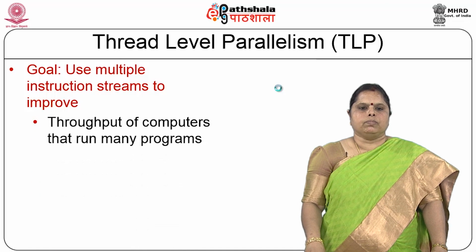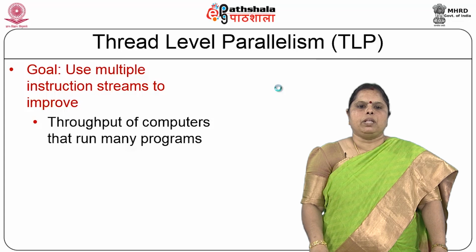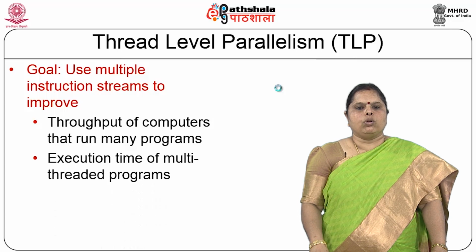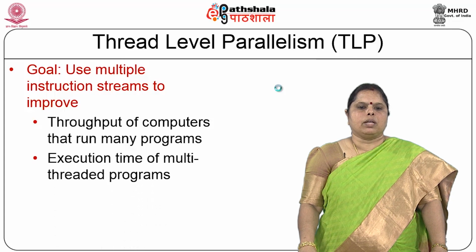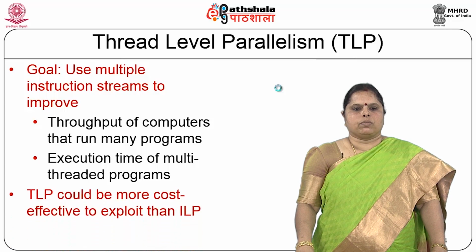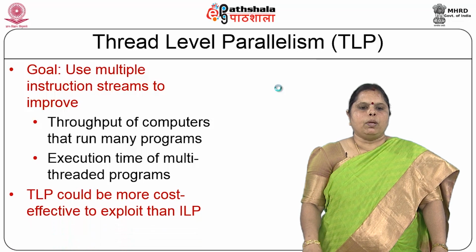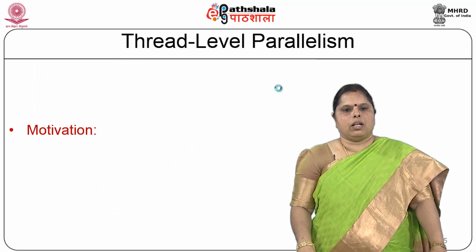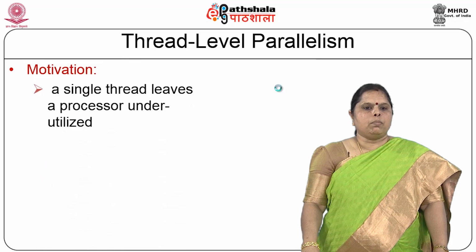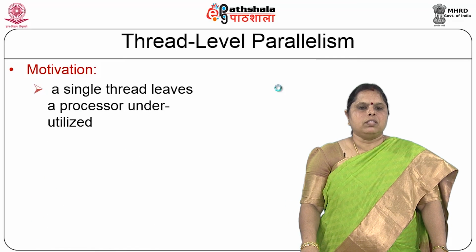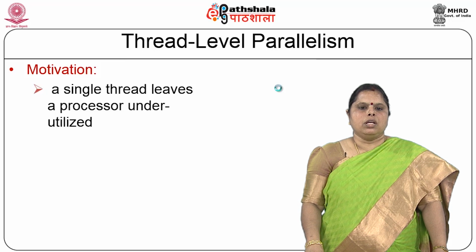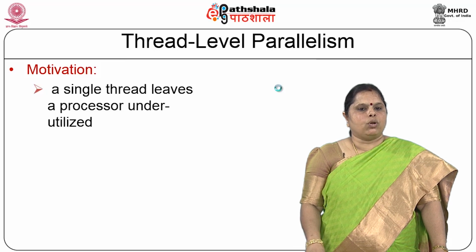So, the goal is to use multiple instruction streams in order to improve the throughput of computers that run many programs and also improve the execution times of multithreaded programs. And TLP can be more cost effective to exploit than instruction level parallelism. The motivation behind thread level parallelism is also the fact that a single thread of execution leaves a processor underutilized.